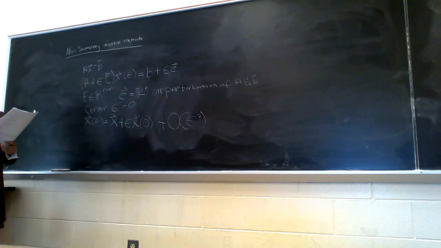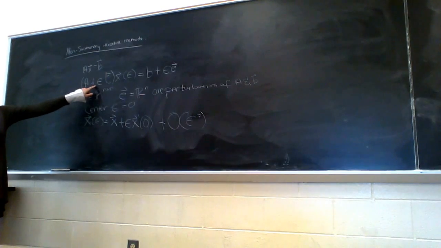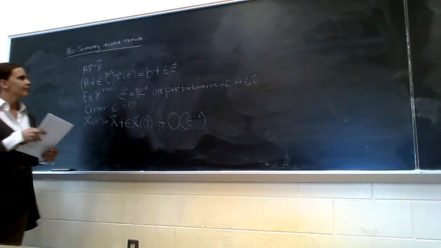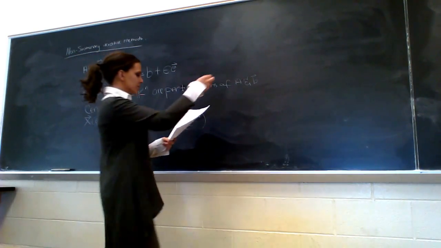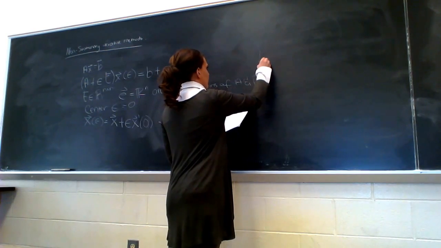Now I'm going to take a look at x prime of epsilon, but I'm not going to get it from here. I'm going to get it from up here, by differentiating this and then solving for x prime of epsilon. If I differentiate this with respect to epsilon, we have to use the product rule first.